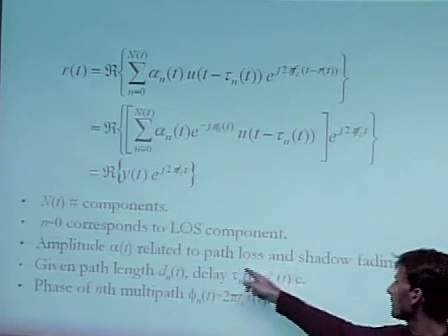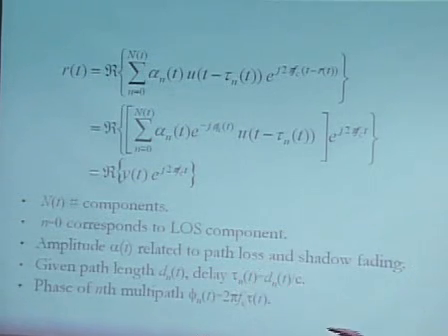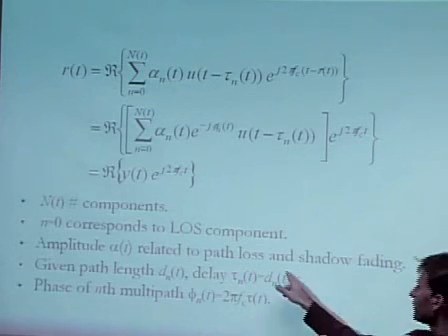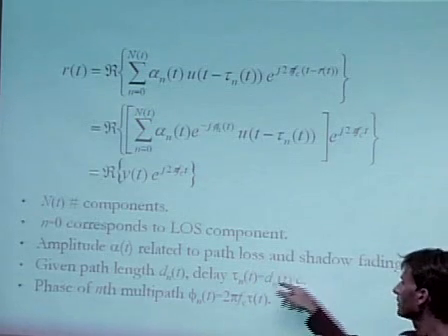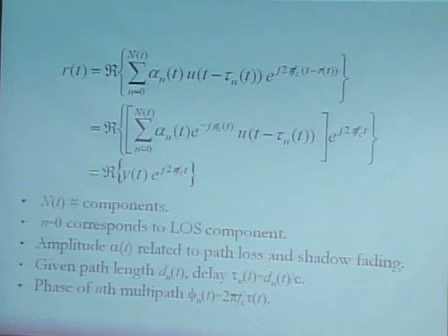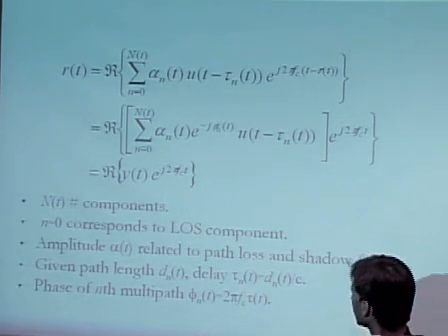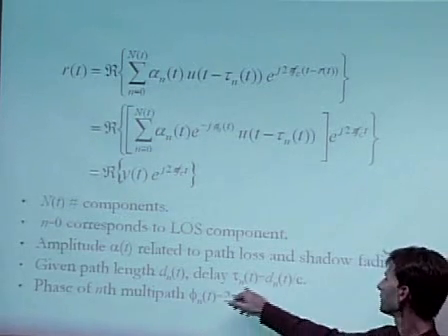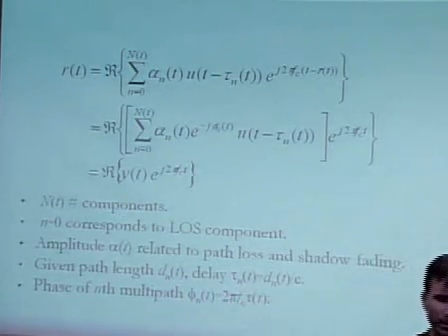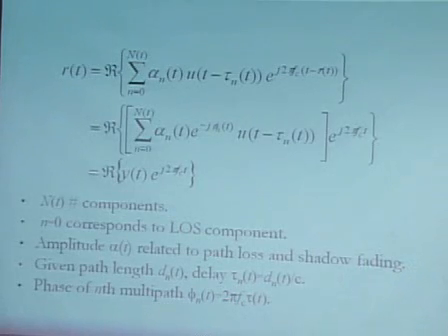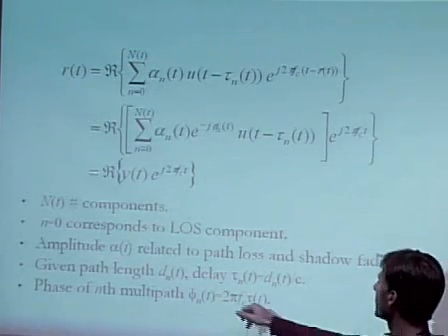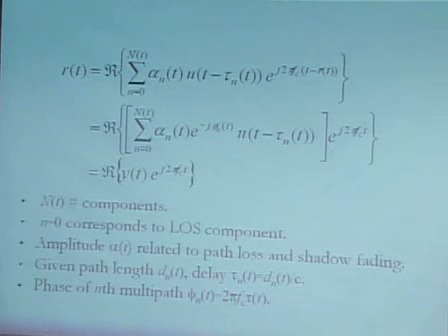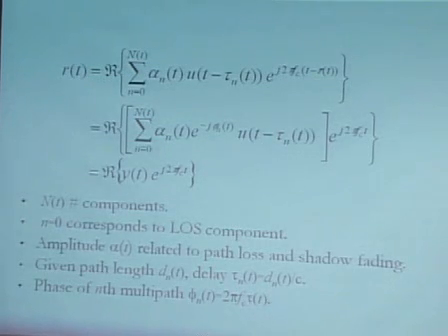So that's the time that it takes for the wave to reach the receiver through that path: the distance divided by the speed of light. Okay? And each path has a phase that's just 2 pi f_c times the delay. Okay? So this is a typical relationship between time and phase. Given a frequency f_c, the phase is 2 pi f_c times the duration. So those are the quantities that are involved.